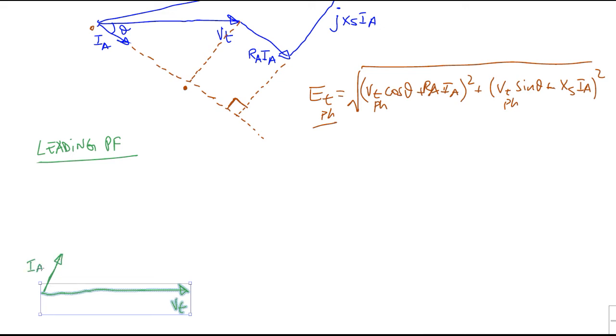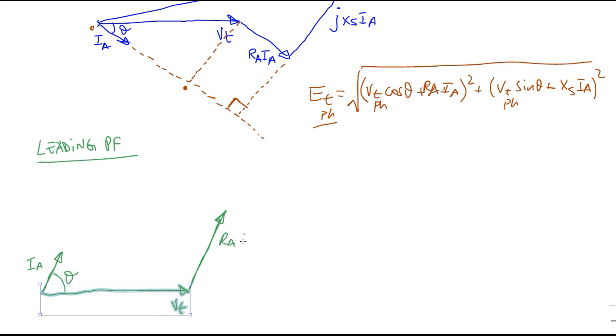So for example, this is IA and that's the angle theta. The resistor drop will go the same way. Let's make it a little bit bigger to have a clear graph.